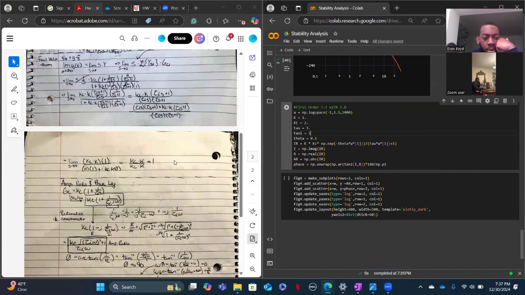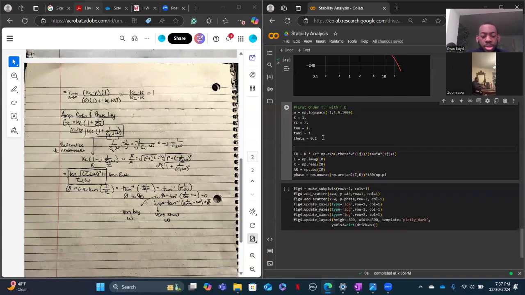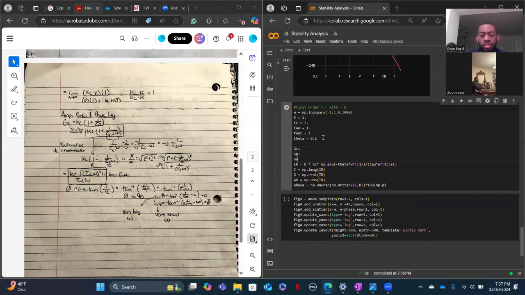Then for our amplitude ratio, let's put in our three transfer functions: our GC, our GP, and our GM. We know our GM is equal to 1.